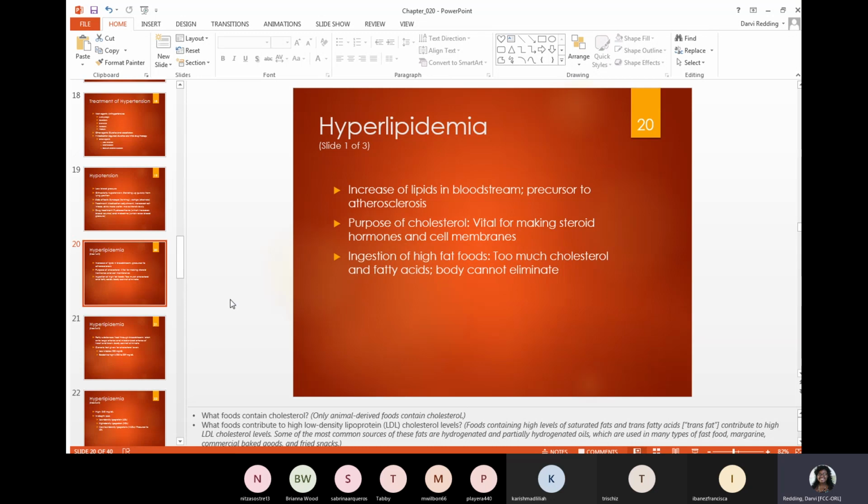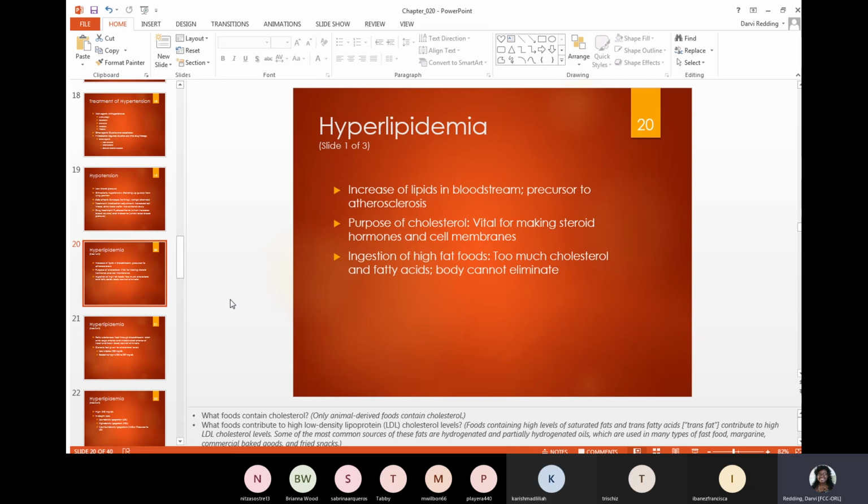Well, there are different reasons, but the main purpose of cholesterol is it's vital for making steroid hormones and cell membranes. But there's such a thing as good fats and bad fats, and we'll talk about the differences. So when we eat and ingest foods that are high in fat, that can cause too much cholesterol, and if it sits in our bodies, it's going to clog our arteries, and our bodies can't eliminate it.